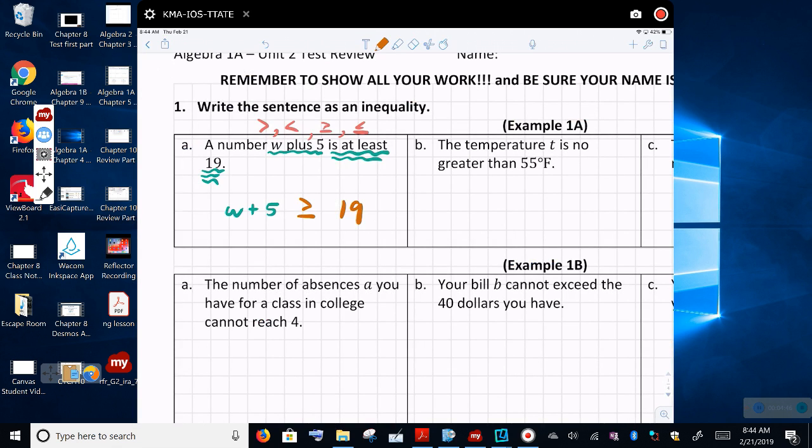Okay. What about: the temperature T is no greater than 55? So this one is actually 3 parts as well. What are the 3 parts? T is one of them. Good.